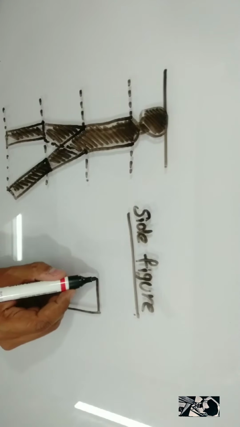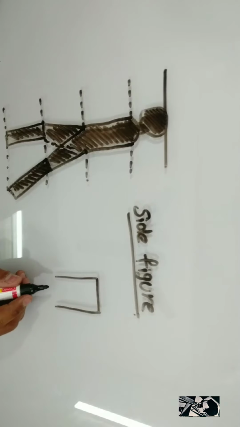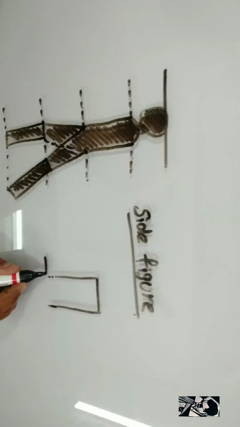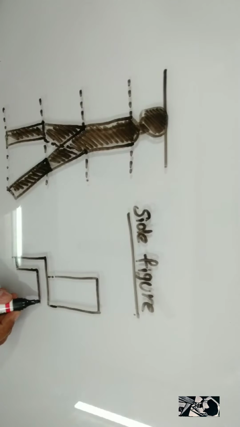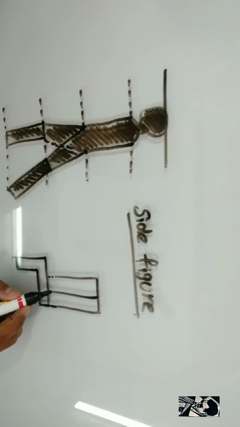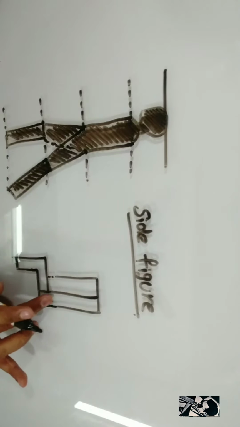So here I am drawing the simple box, which will look like a figure in sitting position. All the five figures that we drew previously were only 2D drawings, and this one is the side figure, where we will see the detailing in the box method.